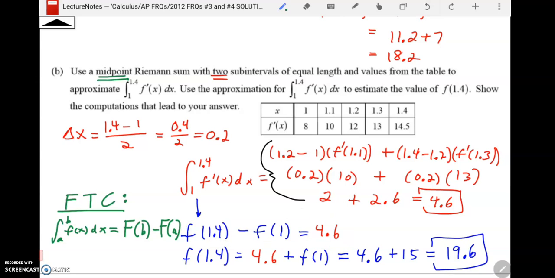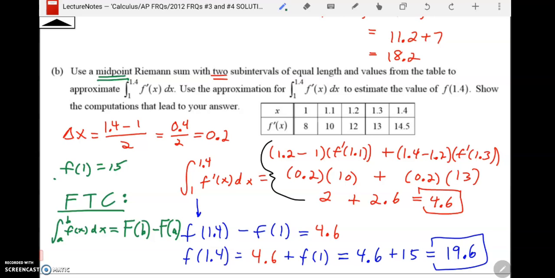If I know the area under the curve and I know the starting point, f of 1, which was 15 from the very beginning, I can take the equation and add f of 1 to the other side. So it's 4.6 plus 15, and 4.6 plus 15 makes 19.6.